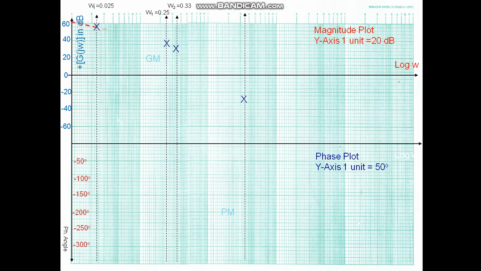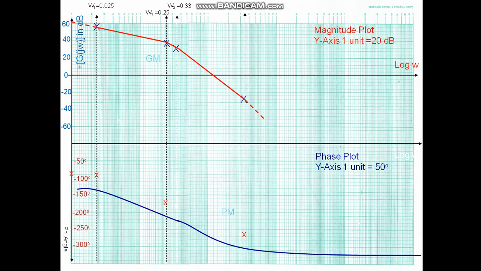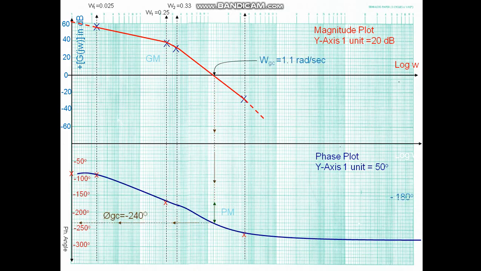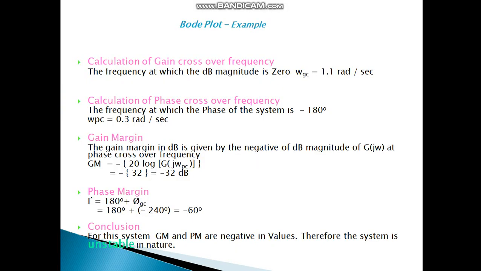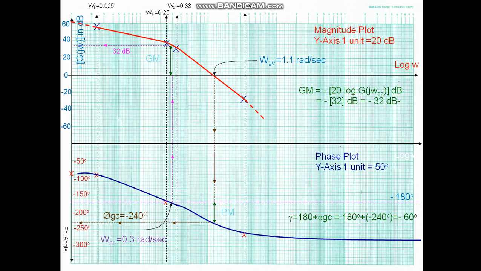So this is the similar graph. We are going to find the gain margin and the phase margin. So the black line indicates the 0 dB, where the x-axis is the omega and the y-axis is the A. First you have to draw one dotted line, and next you have to plot the magnitude plot corresponding to the omega value and the A value.